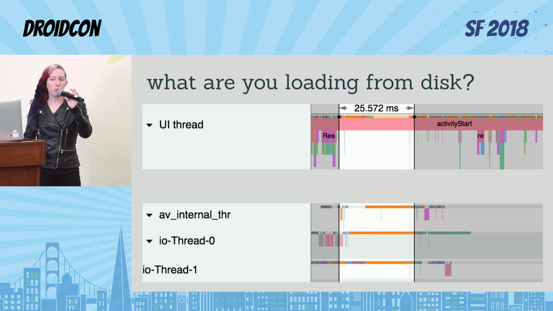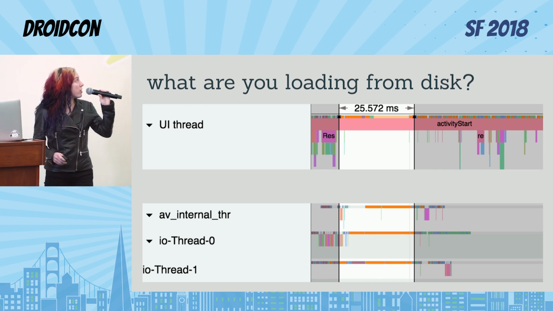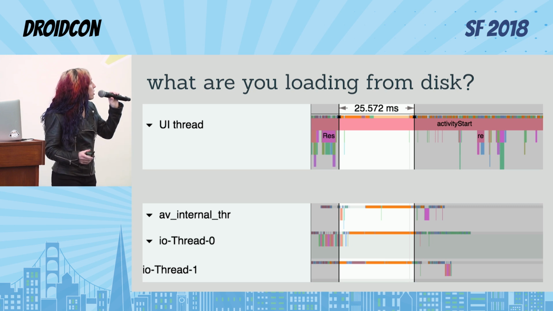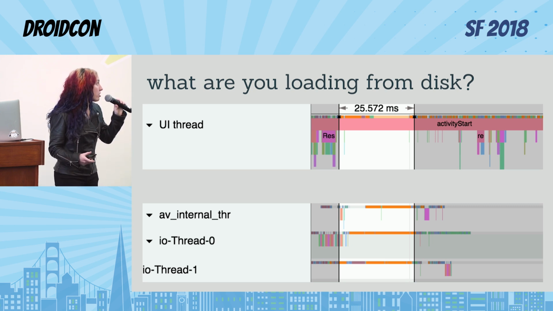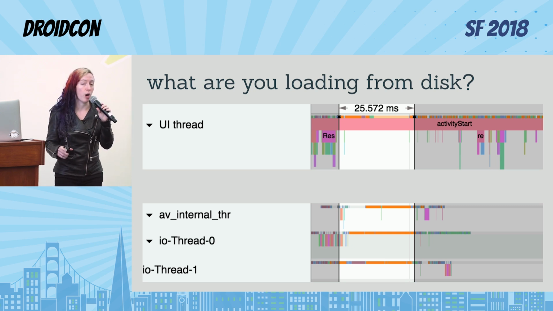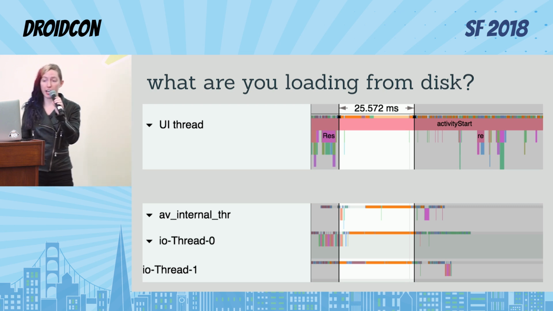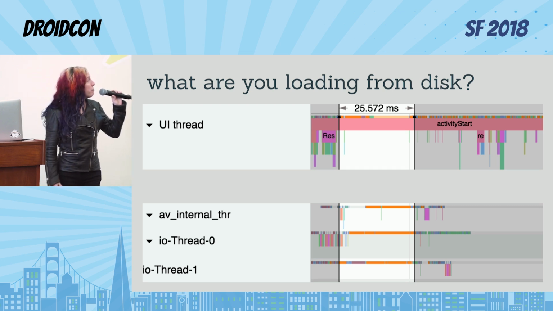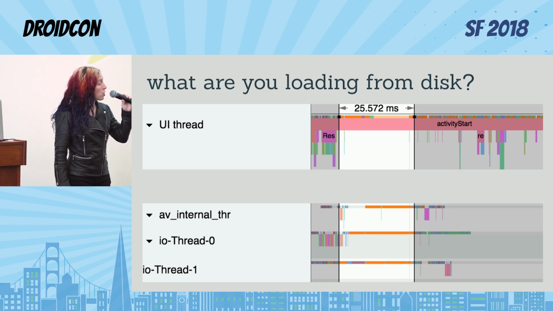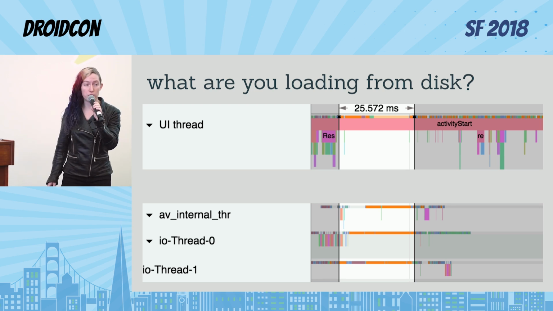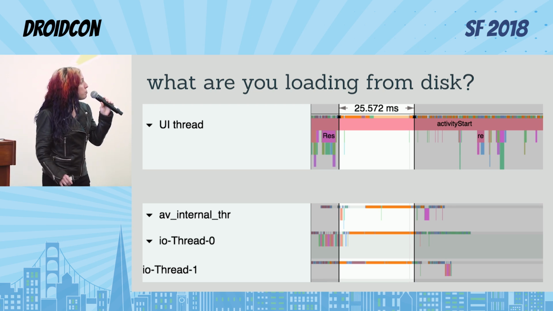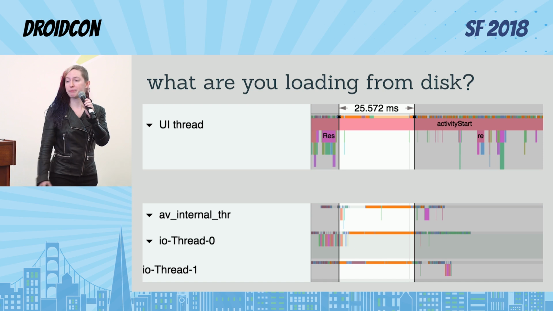So here we see a section where we're seeing a lot of blocking I/O inside activity start. So 25 milliseconds of blocking I/O almost all at once is a really long time. And the best recommendation for how to figure out what's going on here is to add some in-app trace points to identify what's being loaded into your app at that time.